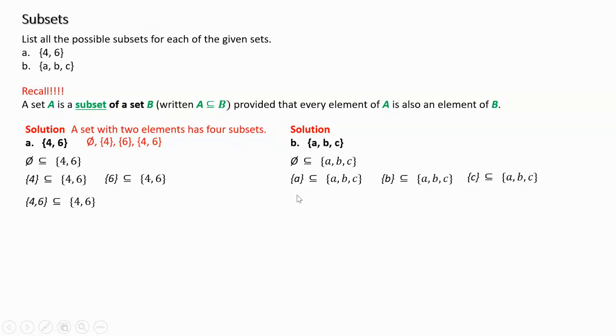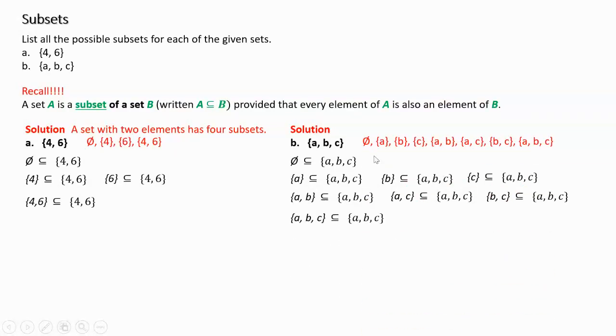The set containing elements A and B is a subset of the set A, B, and C. The set containing A and C is a subset of A, B, and C. And the set containing B and C is a subset of the set A, B, and C. And lastly, we put them all together because every set is a subset of itself.